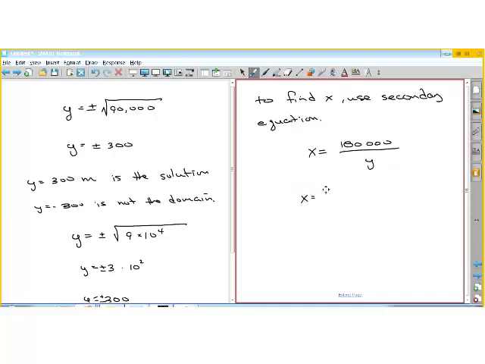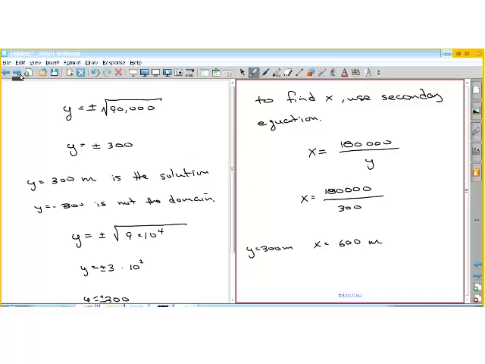X equals 180,000 divided by 300, and you get 600 meters. So we get y equals 300 meters, x equals 600 meters.